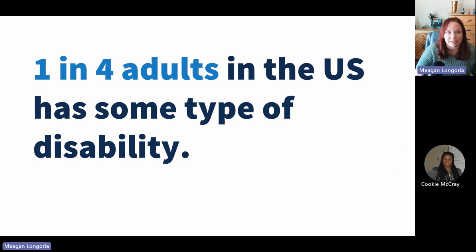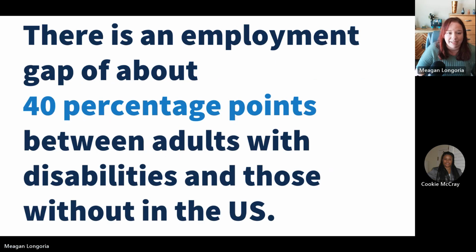1 in 4 adults in the US, and the statistics vary across countries, but this is pretty typical of Western countries, European countries, as well as US, Canada. So 1 in 4 adults has some type of disability. There is a huge employment gap between adults of the same characteristics, accounting for ethnicity, race, gender, all of that, those who are employed with a disability and those who are employed without a disability.